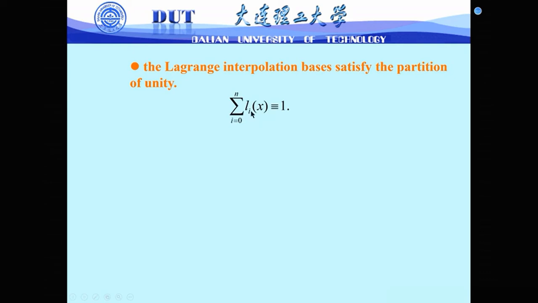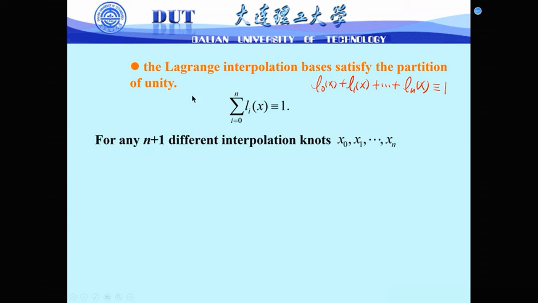The summation L0(x) plus L1(x) plus up to Ln(x), because they are n plus 1 polynomials. Usually, for arbitrary functions, the summation should also be a function. But the special meaning here is that the summation is equal to the constant 1, not a function. A very, very important property. We call it the partition of unity.